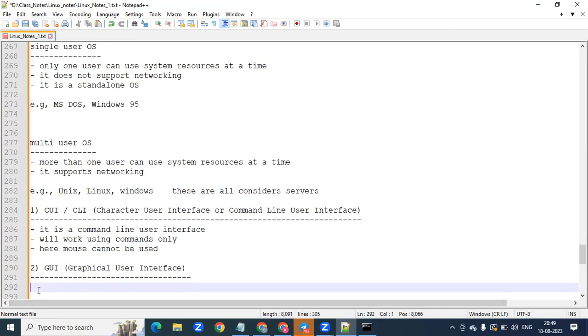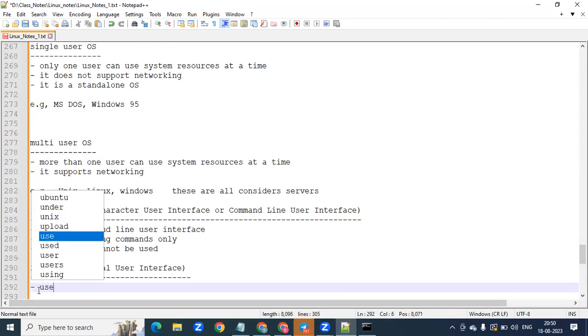Even with little knowledge of the system, we can identify this is a folder, this is an application, this is a Word document, this is an Excel sheet, based on the icons. Because of that, it is considered user friendly.